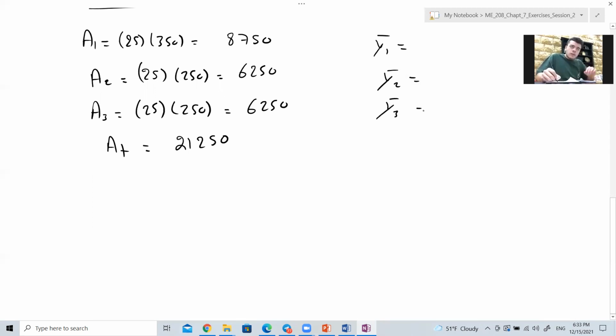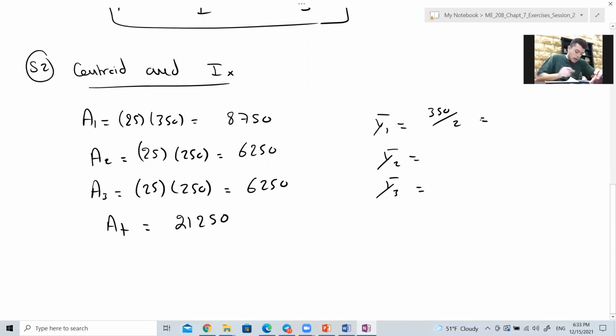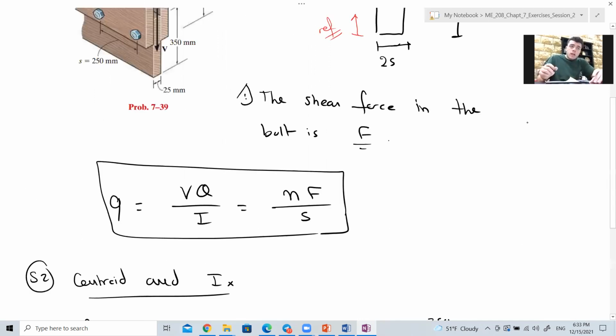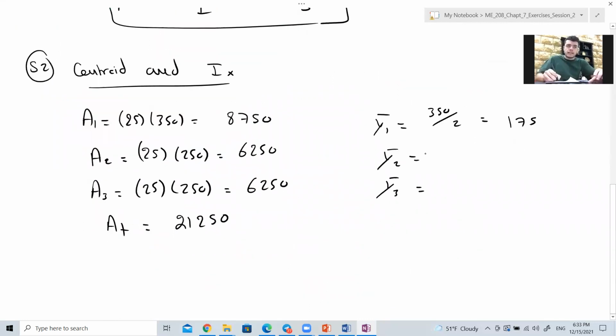We find y1 bar, y2 bar and y3 bar from the reference. y1 bar is 350 over 2, which is 175. y2 bar is the distance from here to here. We can say it's the whole distance, 350 plus 100, minus half of 250, because the centroid is here. So it's 450 minus 250 over 2, which gives 325. The same goes for y3 bar.